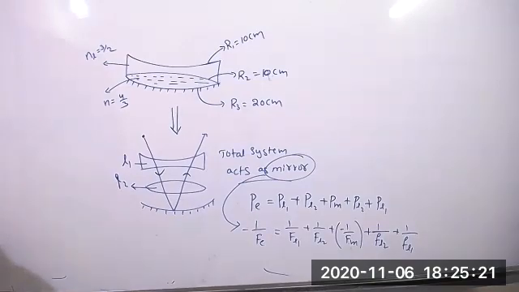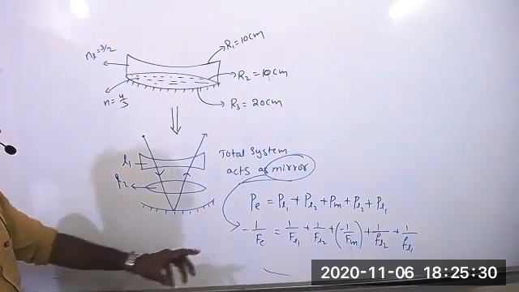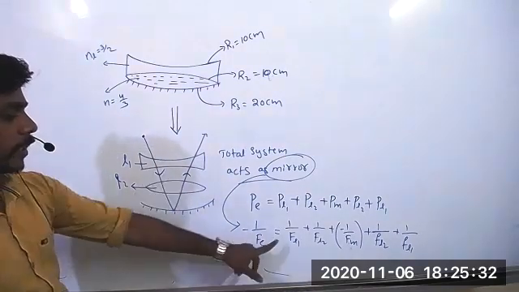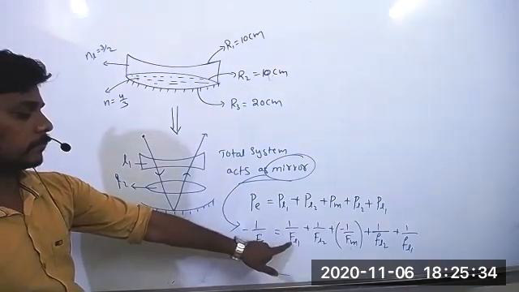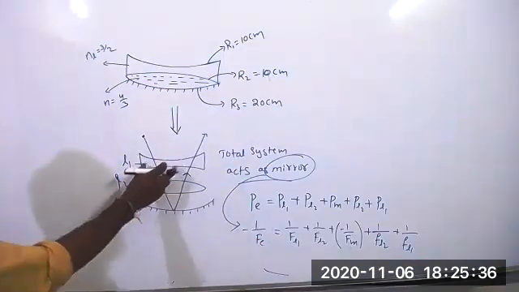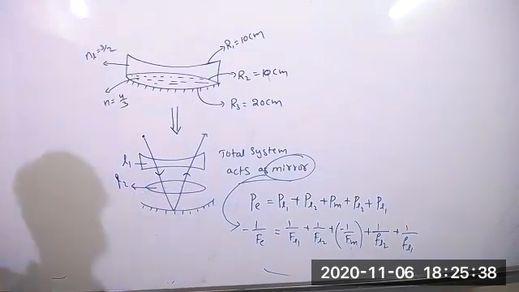Banu Prasad, clear? Yes, sir. Now, if you want to find out the focal length of FL1, focal length of this lens and focal length of this lens. So find out the focal length of the first lens.